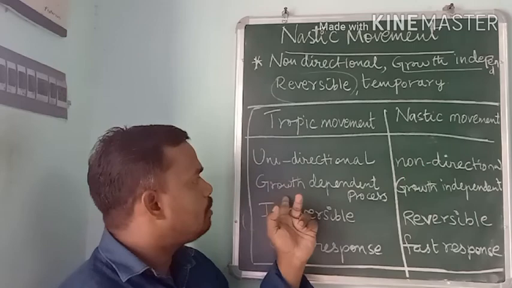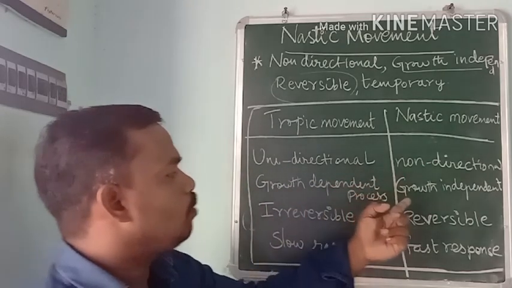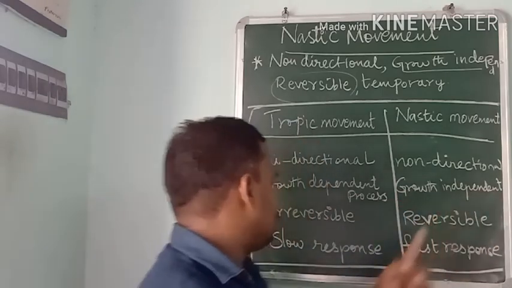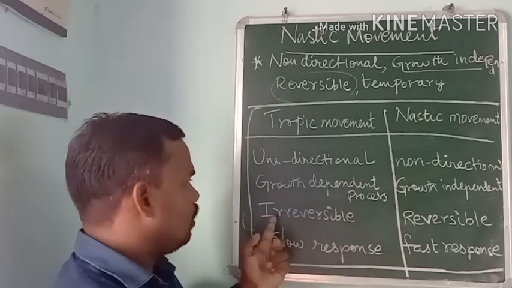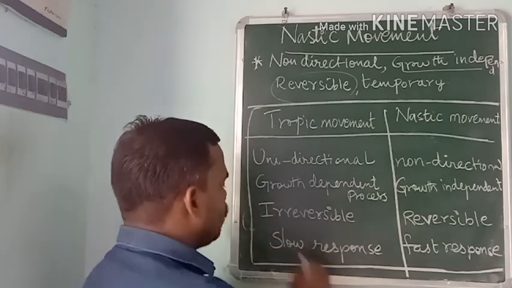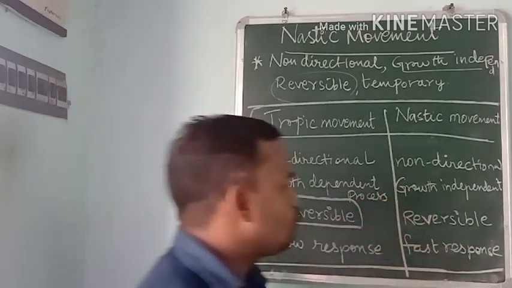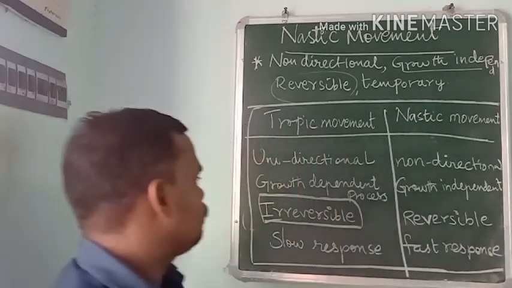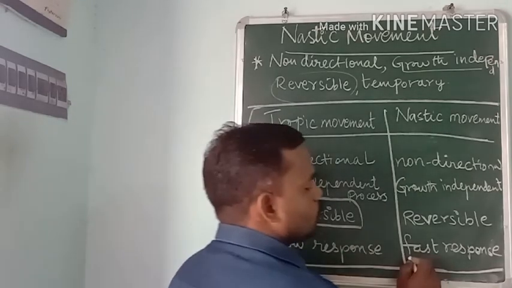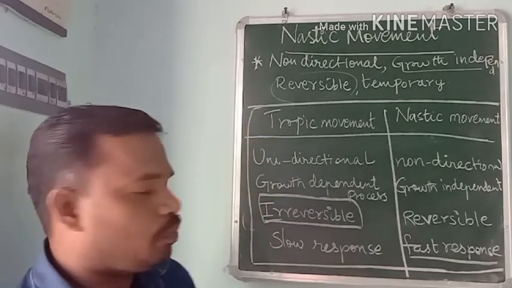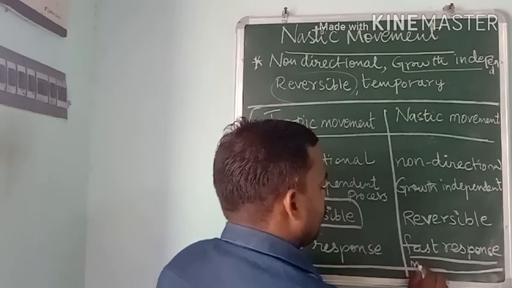Tropic movement is a growth dependent process, and Nastic movement is a growth independent process. Tropic movement is an irreversible movement, and Nastic movement is a reversible movement. And tropic movement shows slow responses, and Nastic movement shows a fast, immediate response.